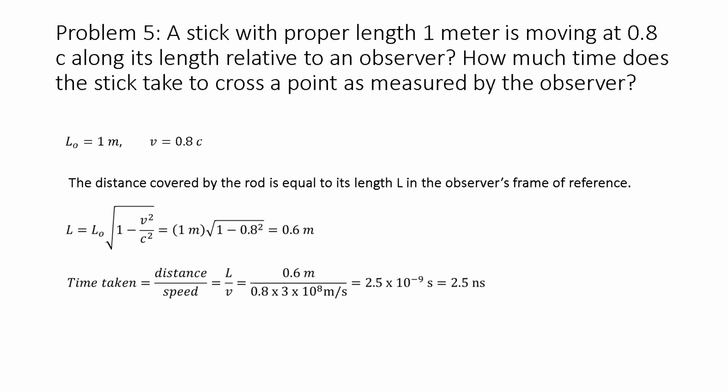We substitute L equals 0.6 meter and v equals 0.8 c, that is 0.8 into 3 into 10 to the power 8 meter per second. We get the time taken is 2.5 into 10 to the minus 9 second, or 2.5 nanoseconds.